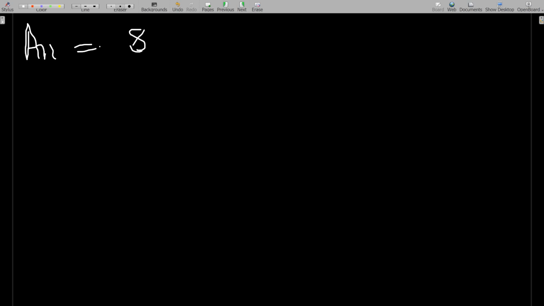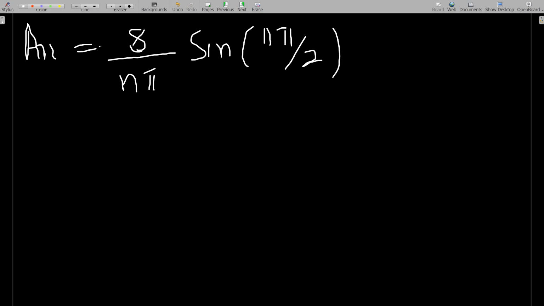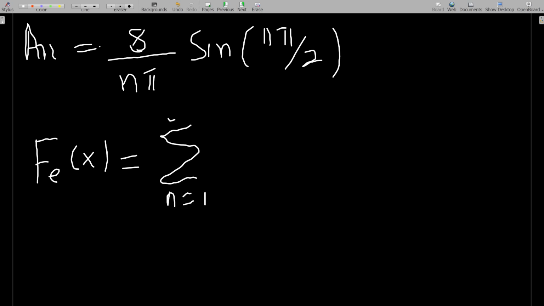8 over n pi sine of n pi over 2, and that your Fourier cosine series of this half range function is equal to the summation of a naught plus... but a naught is 0, so we have summation n equals 1 to infinity.